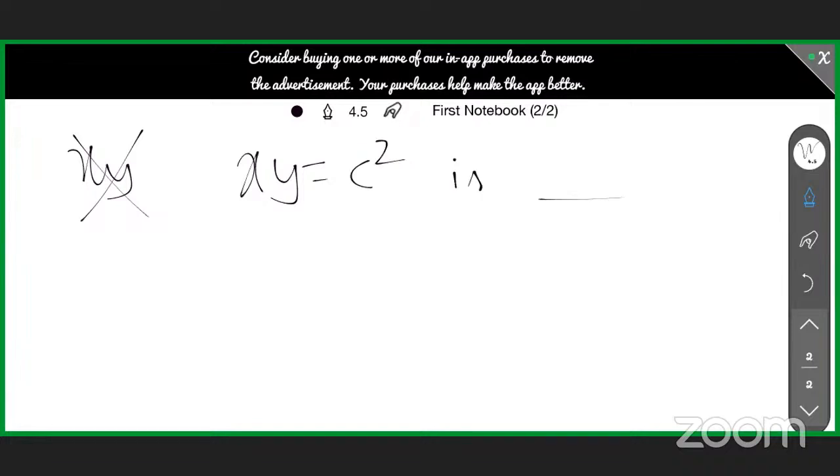So they're telling that the equation is xy is equal to c square. In this equation, we have to eliminate this xy term. So what should be my angle of rotation? What should my theta be?